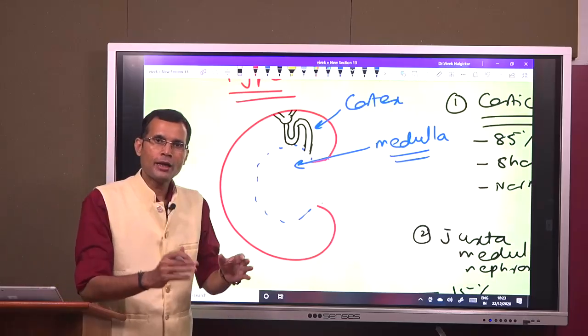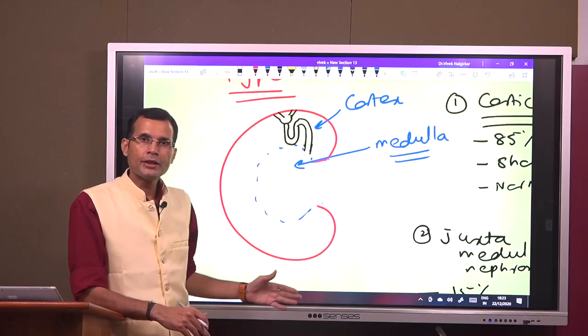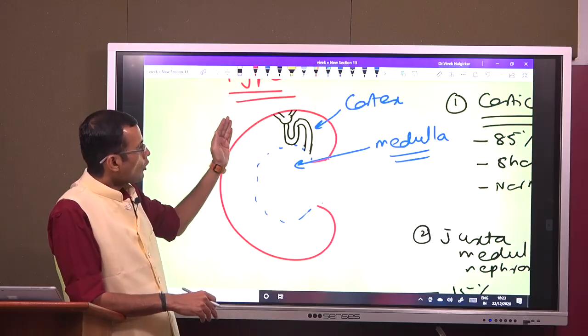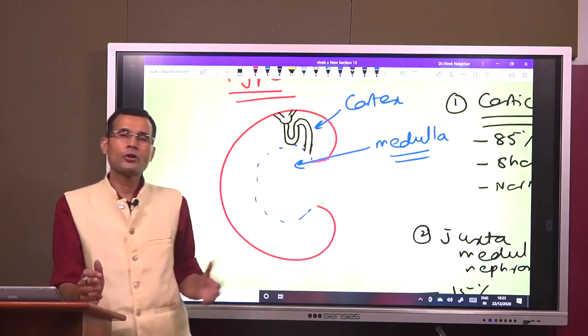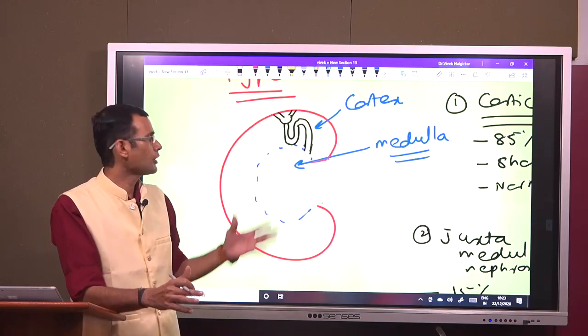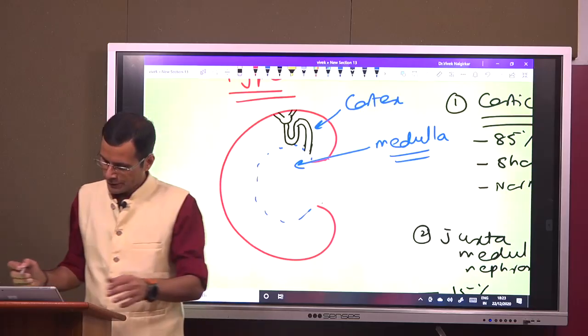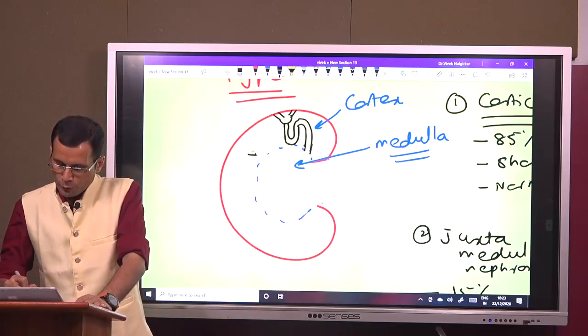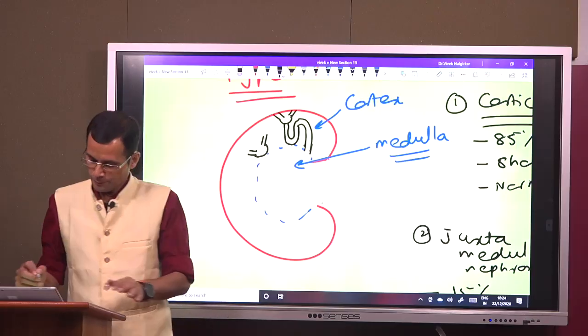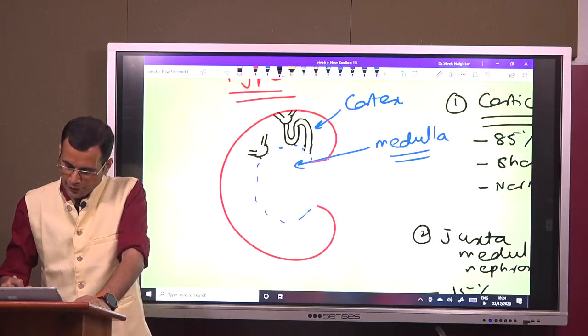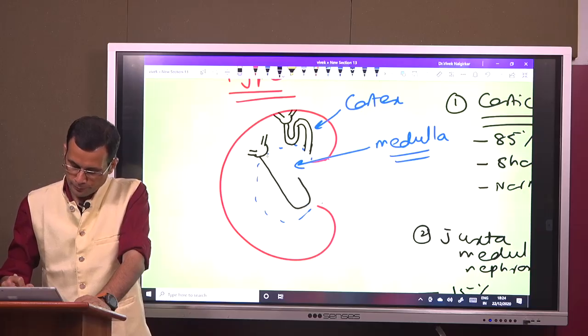Their glomeruli are located at the junction of cortex and medulla, for which reason it is called juxtamedullary. It is in juxtaposition with the medulla, as we will see here. So, glomeruli are located at the junction of the cortex and medulla, and they have long loops.